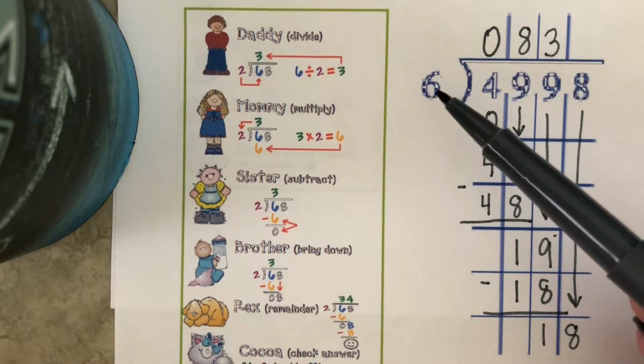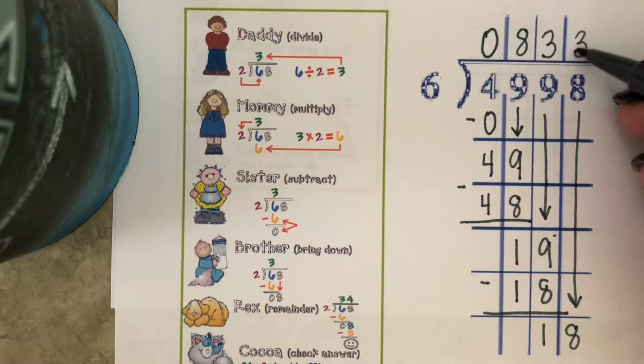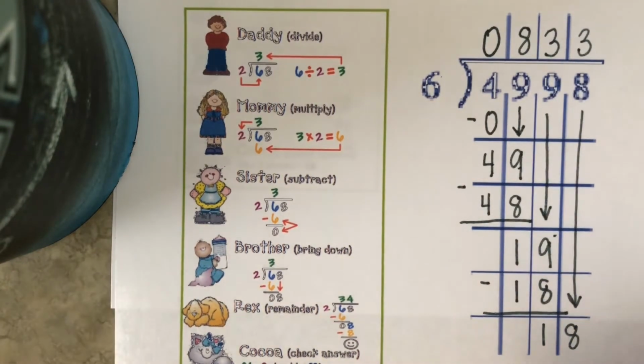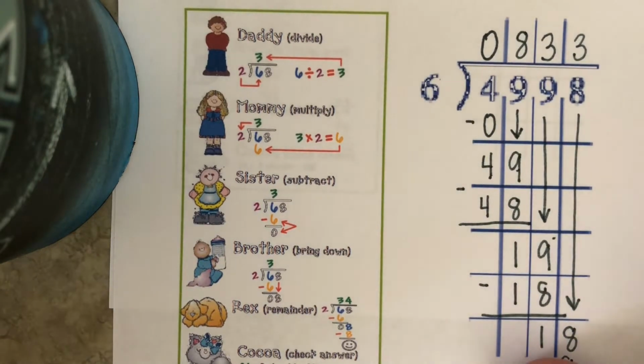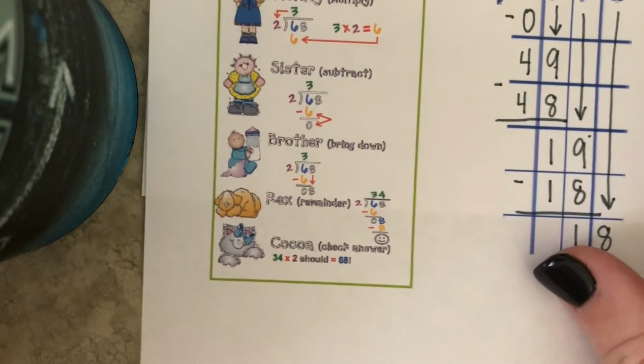How many times does 6 go into 18? Oh, I just did that up here. I know that I can take 18 divided by 6 and I can get 3. Daddy divide, mommy multiply. 6 times 3 is 18. Let me show you the answer, or my work.